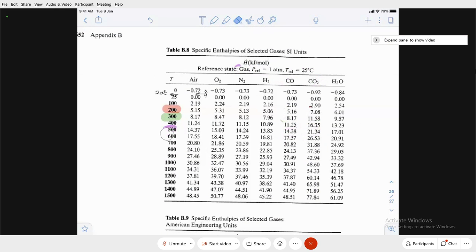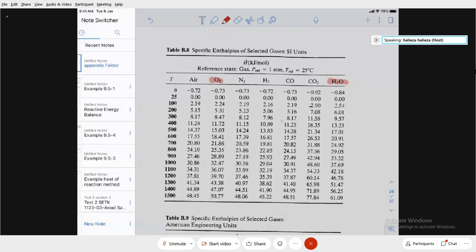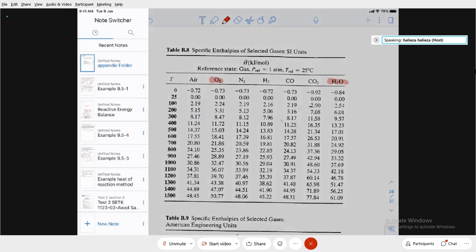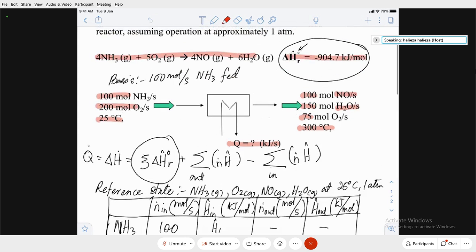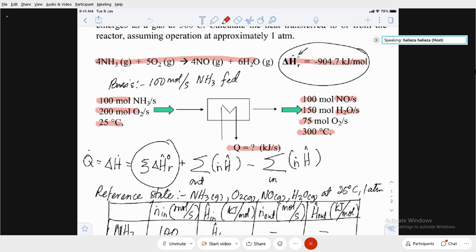Okay. So what components did we have just now? We have water. There is water here. We also have oxygen. The temperature, let me look at the temperature again. We have a temperature of 25 degrees C here.